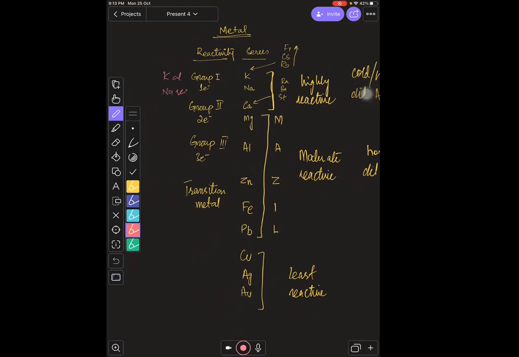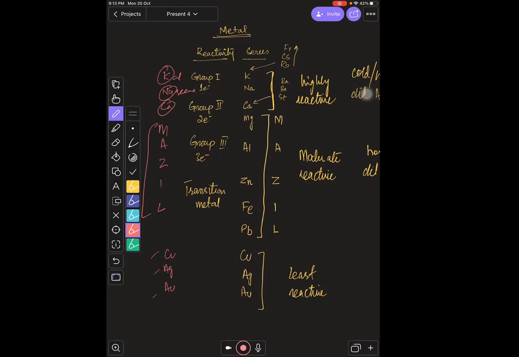Kal Nasima ko mazel copper, silver, gold dega. Okay, you can learn this in this way if you want to. It is a very cheap thing to learn, but you can. It is the easier way to learn. Kal Nasima ko mazel copper, silver, gold dega. You can learn in this way if you want.